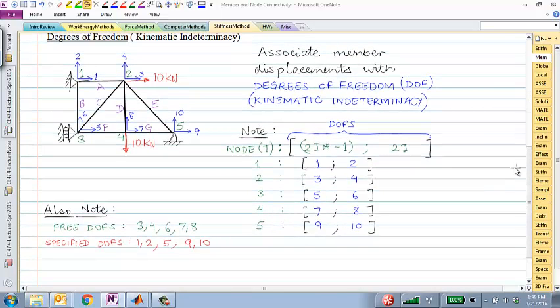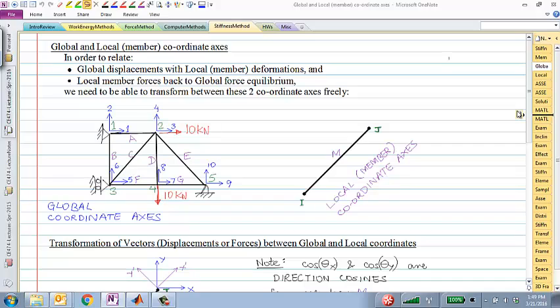Now what we want to do is, using this description, come up with force displacement relationships for each one of those truss members. And in order to do that, we are going to have to work with two different coordinate systems. The need for these two different coordinate systems is because all of these truss members are oriented along different directions, right?